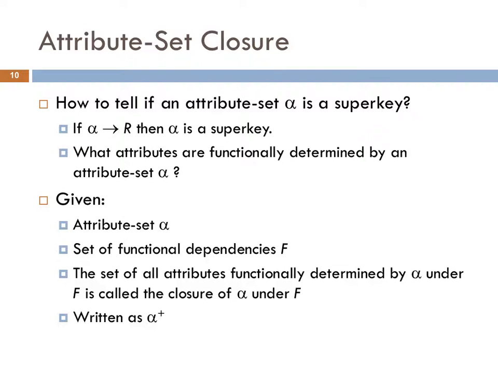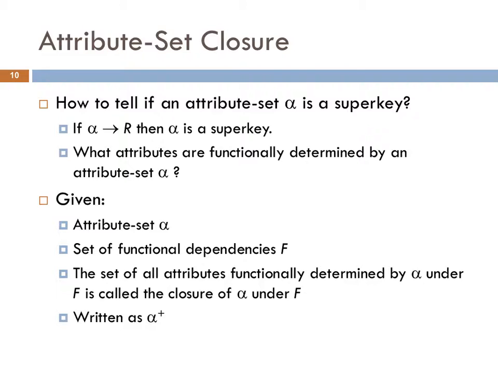So let's say we have an attribute set alpha and a set of functional dependencies F. We have this thing called the attribute set closure. Why is it called an attribute set closure? Because we're doing it on an attribute set; alpha is an attribute set. So we write alpha plus, and alpha plus is alpha and all the attributes that are functionally determined by alpha.